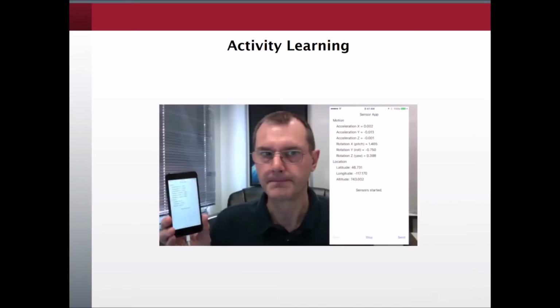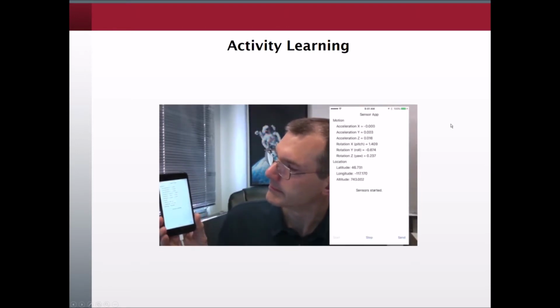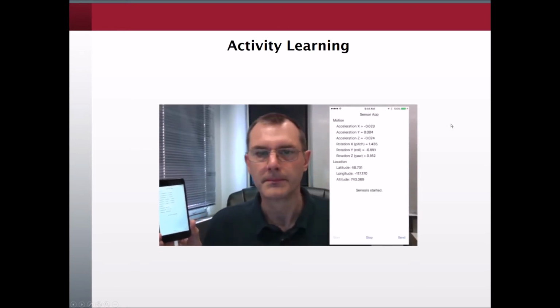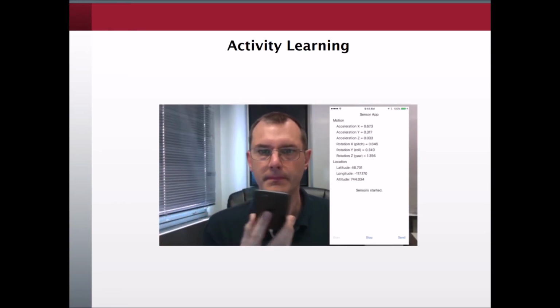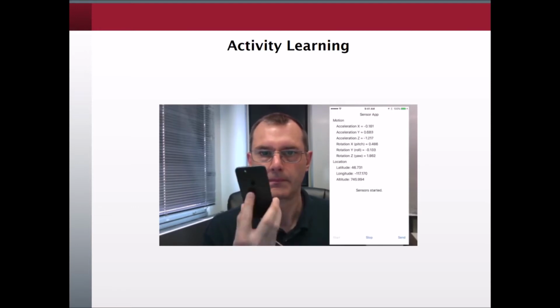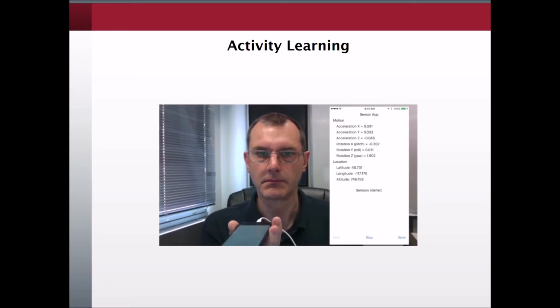Now let's consider this video that we saw in the previous set of lectures on designing an app to collect sensor data from a mobile phone. In this app, a person is collecting the data from the app as they move the phone around, and you can see the acceleration values in the X, Y, and Z directions moving and changing as the phone moves in each direction, and the pitch values changing here.